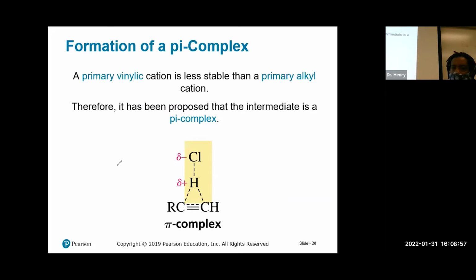So instead of totally losing those electrons completely from the double bond, it's actually going to form that pi complex by interacting with the hydrogen, but pushing those charges, right? The chlorine is going to be pulling the electron more towards itself. The hydrogen is going to be partial positive, and so it's going to interact with that, and that's going to initiate our start. But again, that's going to be an intermediate, right?